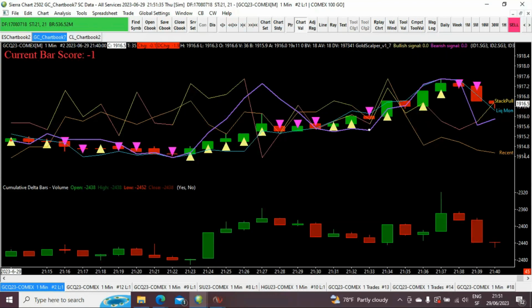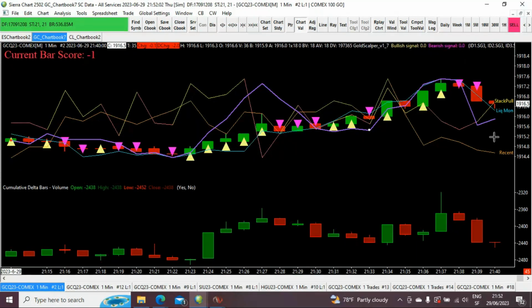You can see that the liquidity monitor was going up during this up move here, but now it's started to go down, and price has also started to move down. Stacking and pulling is looking at the changes to the stack, and again, if it moves up, that means it's more bullish, and if it moves down, it means it's more bearish.